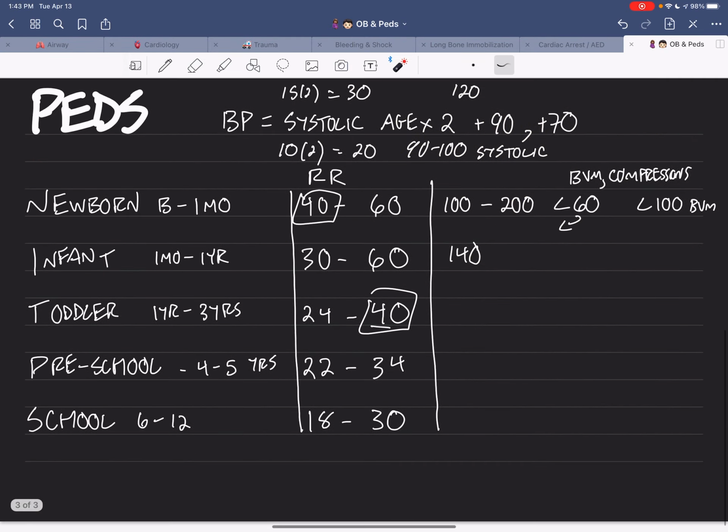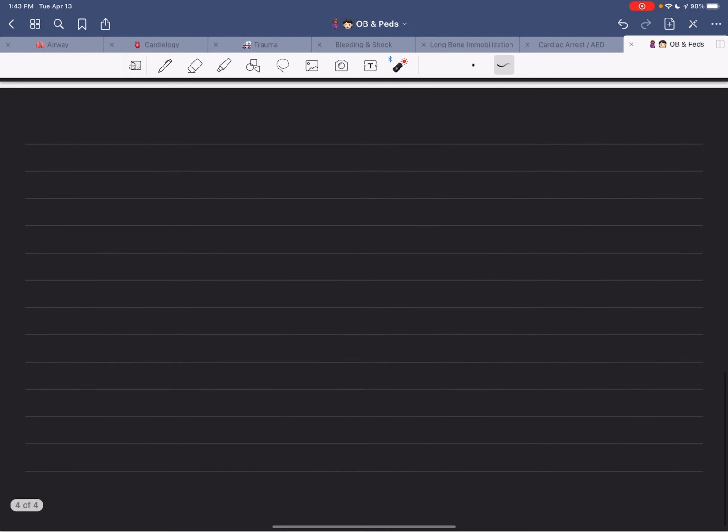Okay. Other thing which I'm going to try to reproduce is an APGAR score. So let's just dive right into it. APGAR. The big thing here is that you can have a 0. So it's 0, 1, 2, because your max is a 10. This is a 0 to 10 scale. A is going to be appearance.